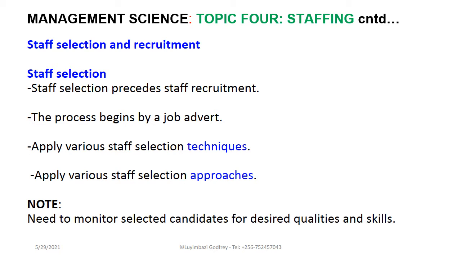The other approach that you may use is what we call wished selection. You may wish that somebody came and joined your management team, for example, or your working team in the organization. So that is what is referred to as wished selection.